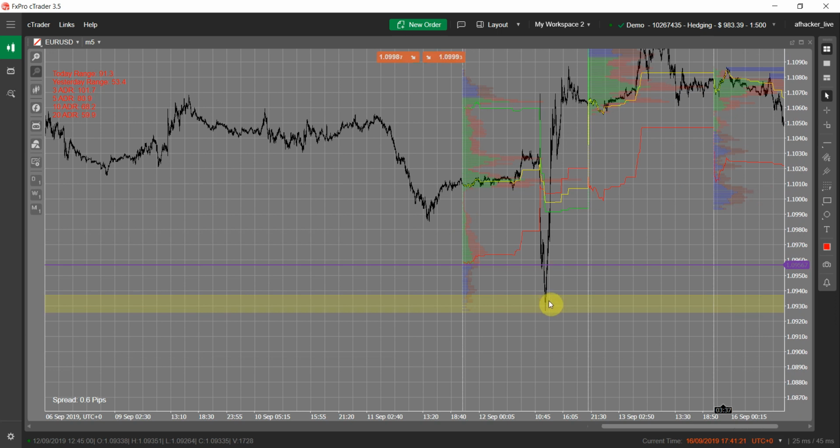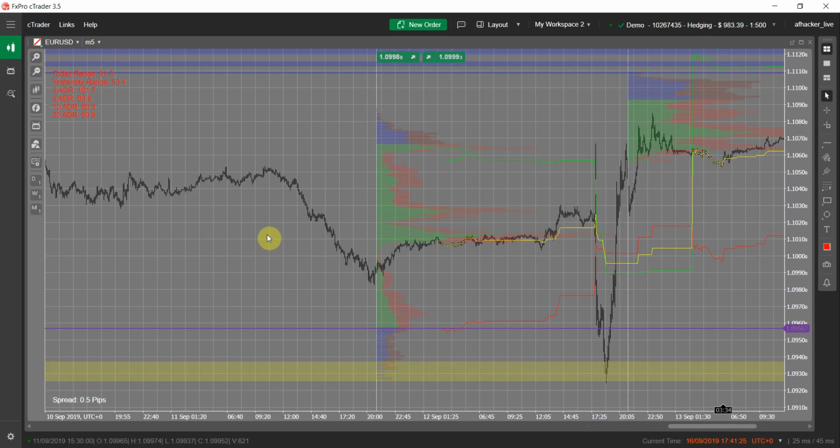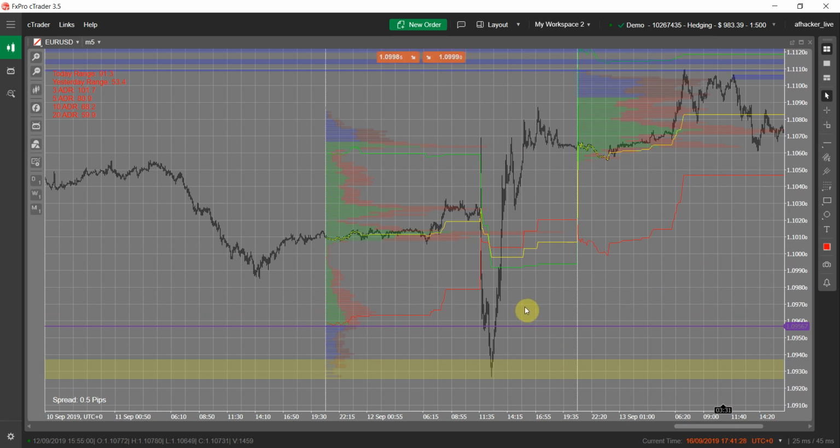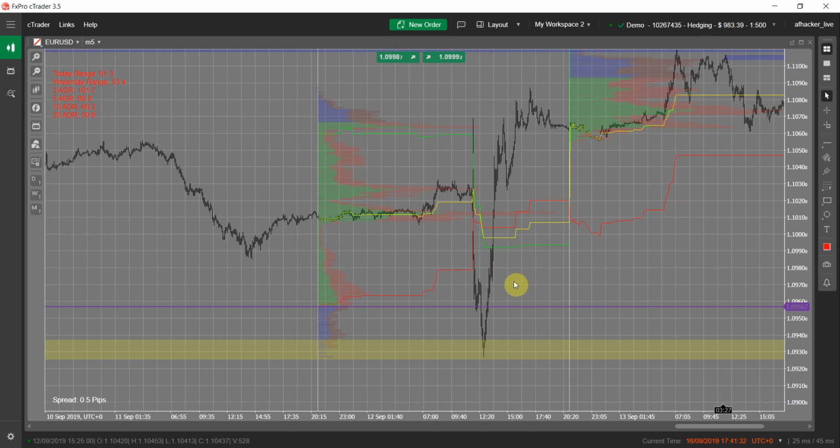Once price touches the zone here, we will buy, and for the target and stop loss you have different options. The stop loss can be below the demand zone, or you can set your target on the middle line of the ADR indicator and use half of that amount for your stop loss.